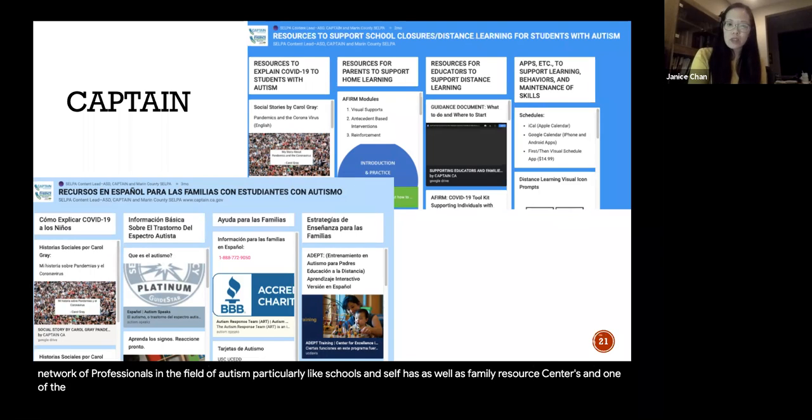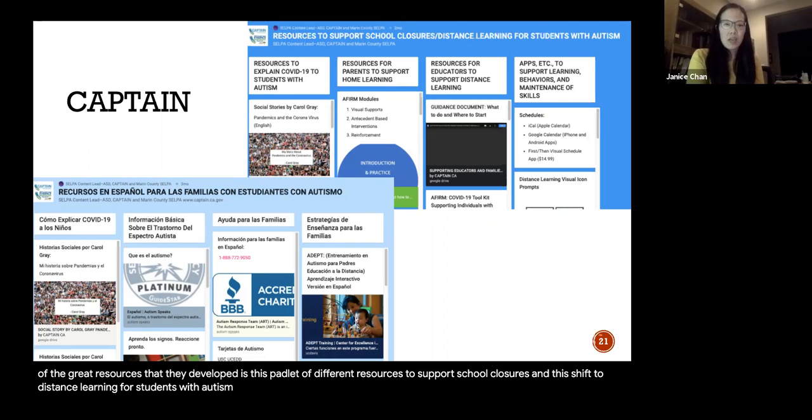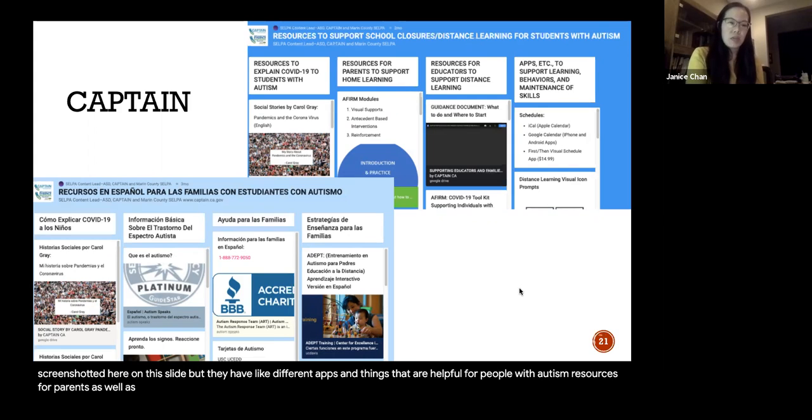And one of the great resources that they developed is this Padlet of different resources to support school closures and this shift to distance learning for students with autism. The great thing is a lot of these resources are available in Spanish as well, as screenshotted here on this slide. They have different apps and things that are helpful for people with autism, different resources for parents, as well as some social stories written to explain COVID to students with autism.